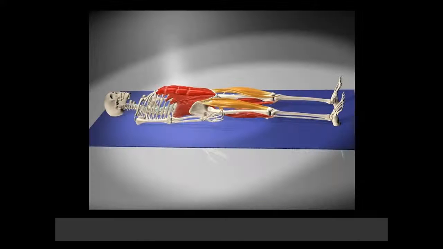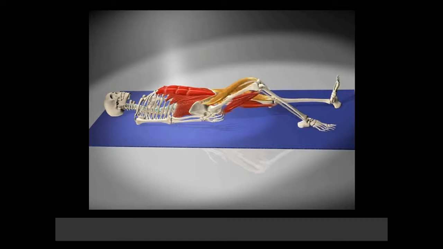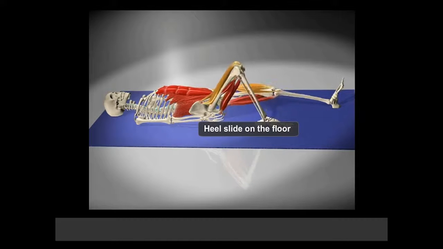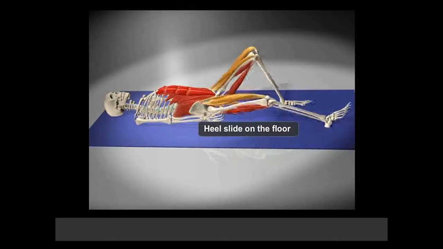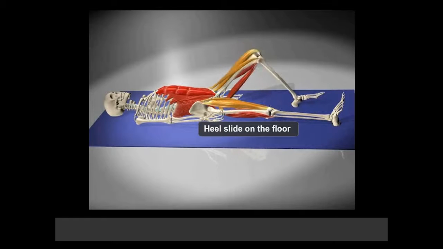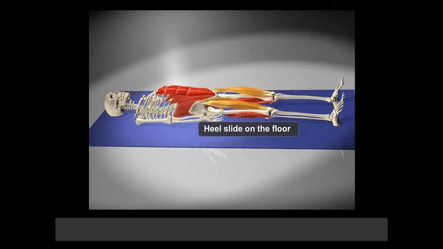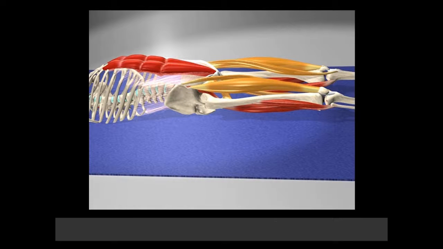Exercise 1. Passive flexion of the thigh, heel slide. Heel slide on the floor. The greater the hip flexion, the more the pelvis will tend to posterior pelvic tilt, PPT.